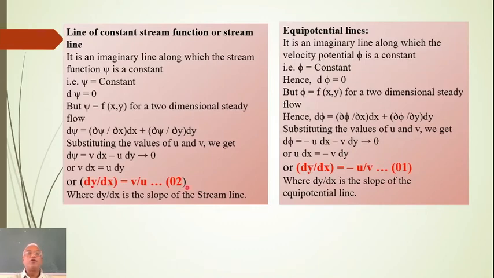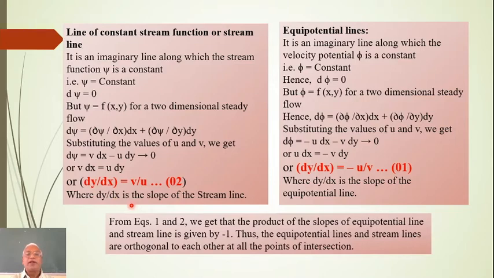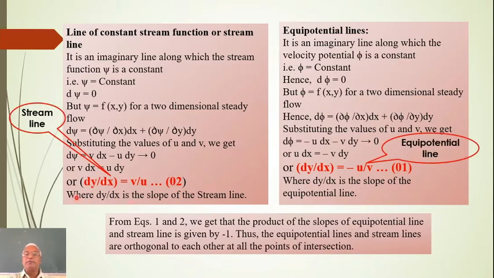So together, if you look at it, a streamline is represented by dy by dx equal to v by u, and if phi is constant, then it is an equipotential line given by dy by dx equal to minus u by v. So this is the slope of the equipotential line, and this is the slope of the streamline.